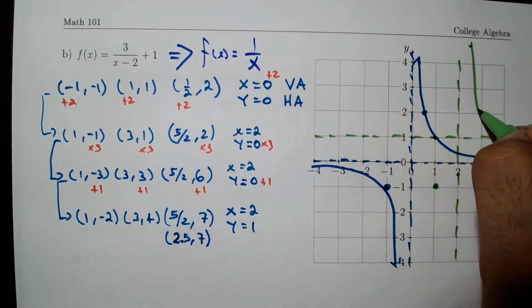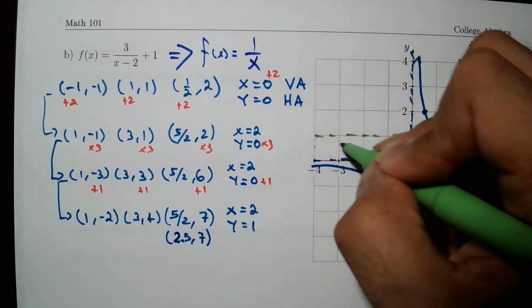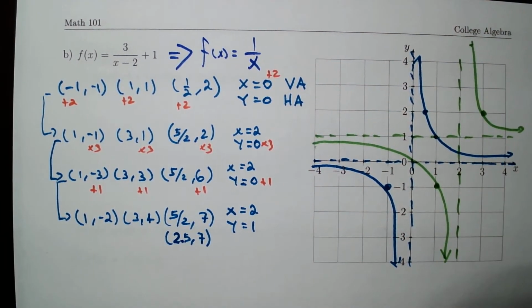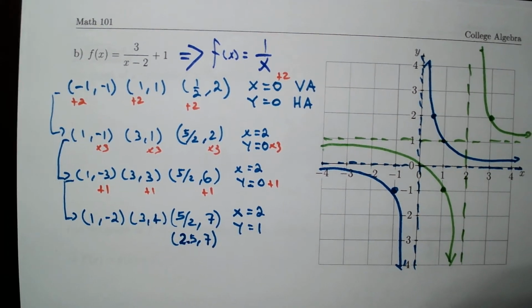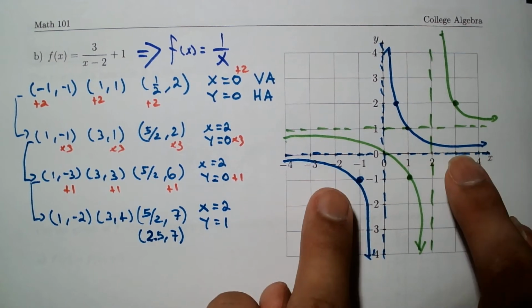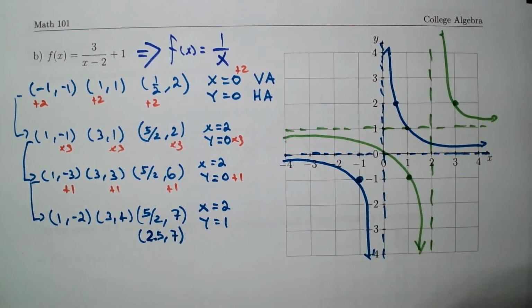I'm just going to draw this graph like this, and this graph like that. It's a little bit hard to see the difference here, but if you focus on the colors, the parent graph is 1 over x, and the shifted one is the one in green.